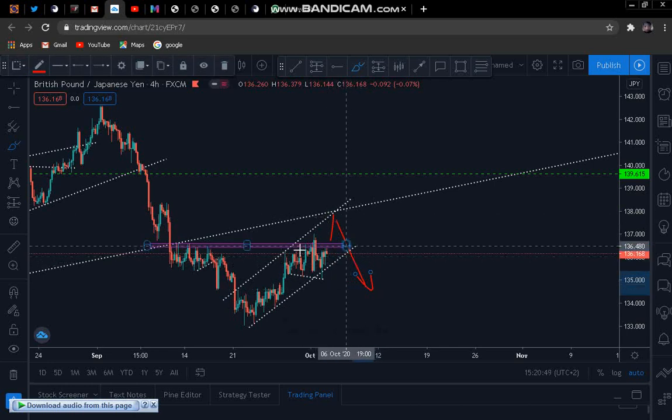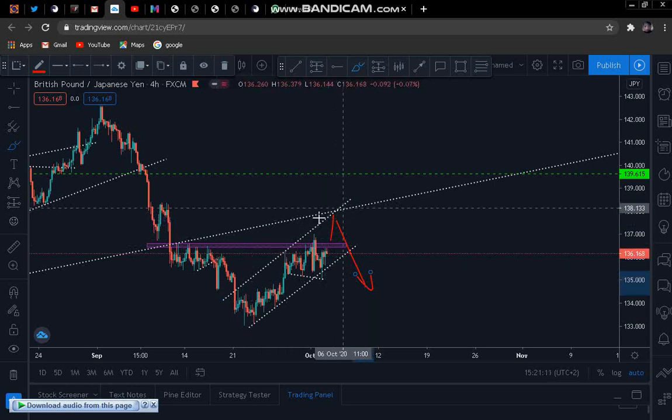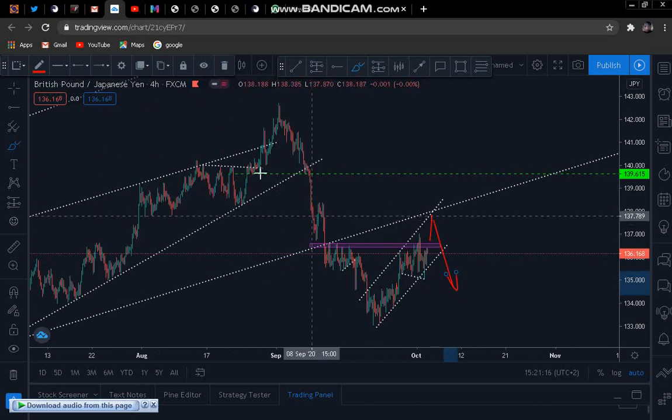So the best way to trade it, if it breaks this resistance zone over here, the one that it has been failing to break, would be to take our trade on the third or fourth touch of this upper trend line, because that will be a powerful trade, and trade it down into that area.